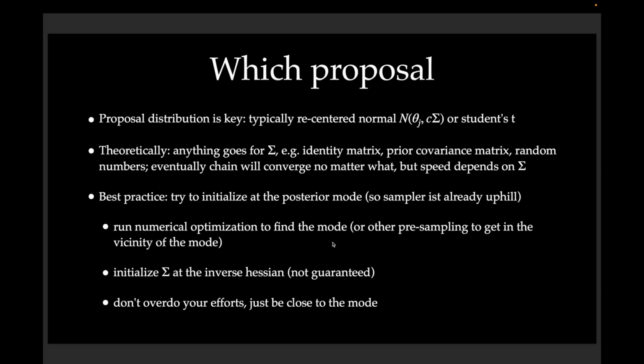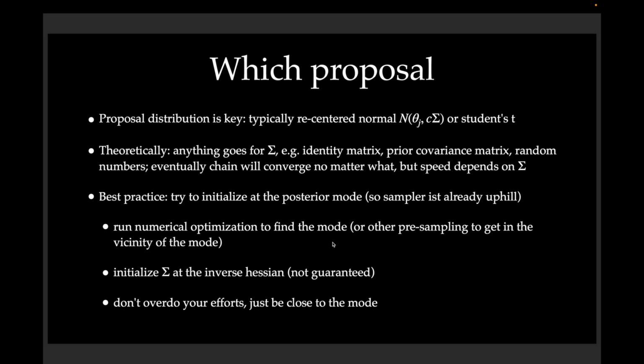Now, the best practice, however, is, before you do the sampling algorithm, to try to find the posterior mode by using numerical optimization. Try to find the highest value of the posterior, and that is the posterior mode. And then look at the covariance matrix computed via the inverse Hessian at that point.